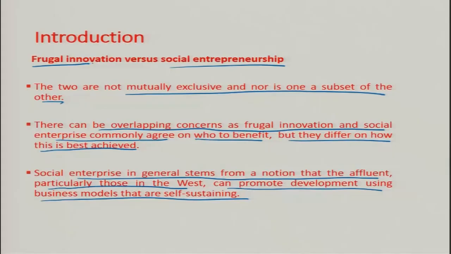These are provided by the people who are IIT alumni and who like to contribute something to society. The entrepreneurs and people with ideas apply for this funding, and the interview happens. And this is frugal innovation that is supported by social entrepreneurship and the people who can provide the funds.